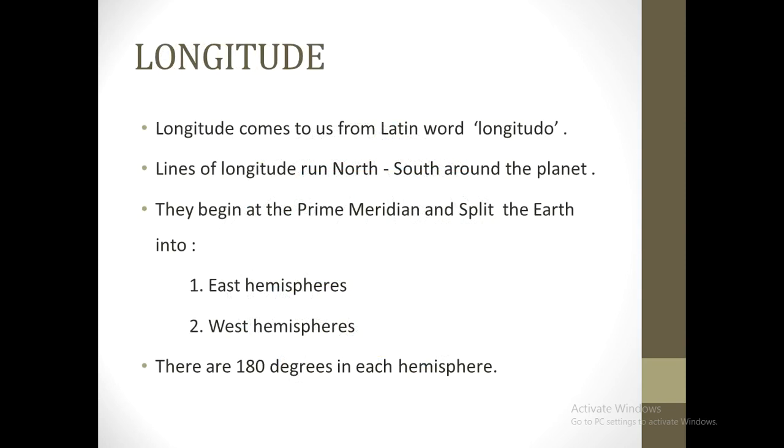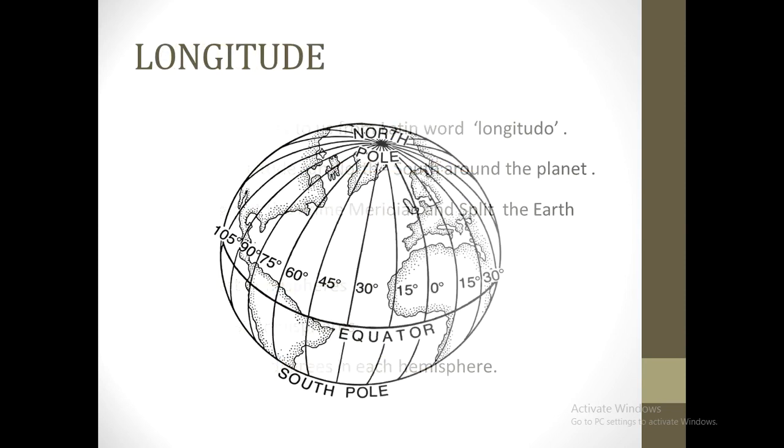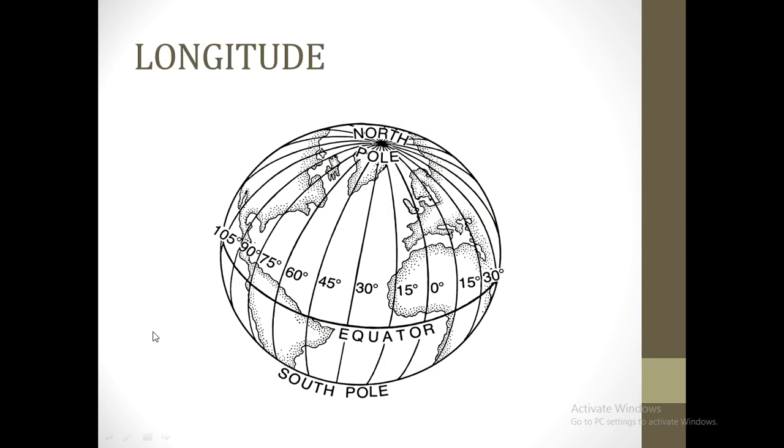Longitude comes to us from the Latin word longitudo, meaning length. The circles drawn across the globe, passing through the poles and intersecting the equator, are called circles of longitude. In fact, the semicircles that lie between the two poles are considered longitudes.